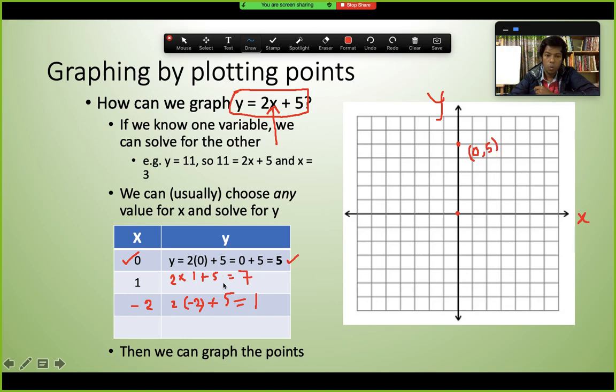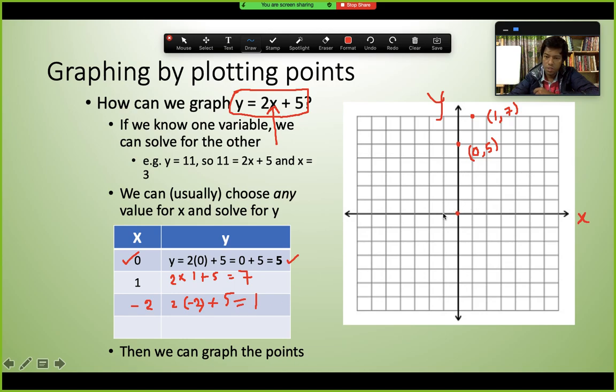Then we have 1, 7. This is our 1, and 5, 6, 7. This is the 7, so this point is 1, 7. Let's check if it is correct. This is 1, then 1, 2, 3, 4, 5, 6, 7. So this point is 1, 7. This is minus 2, 1.